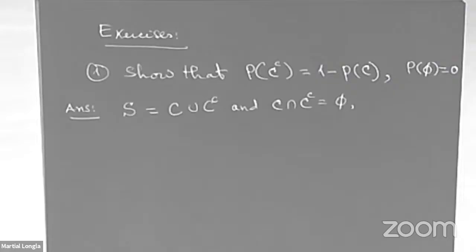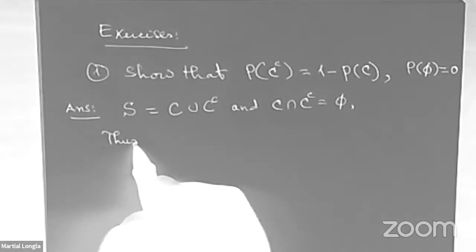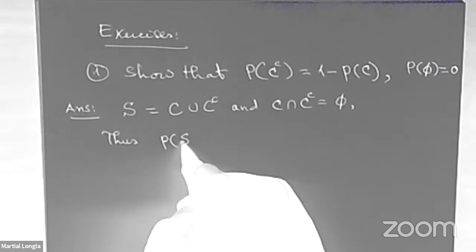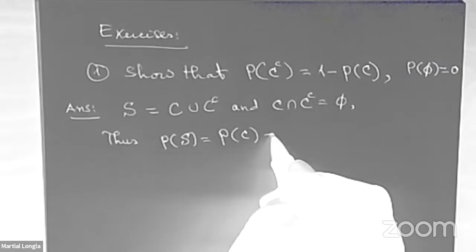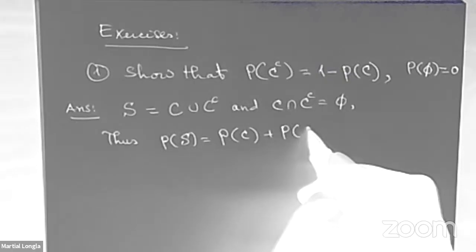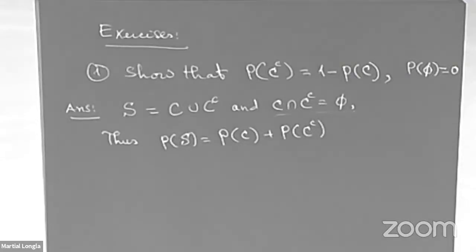It's not possible. But now, based on rule number 3 that we had, the probability of S is therefore equal to the probability of C plus the probability of the complement. And that is because their intersection is empty.